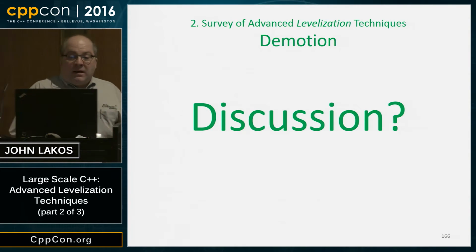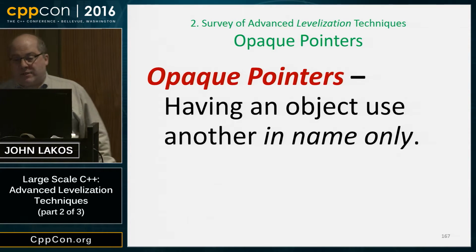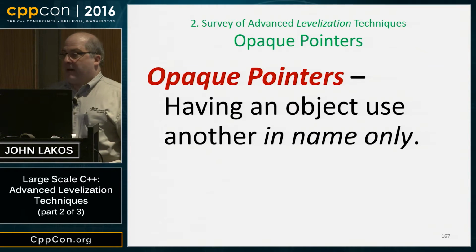Okay. All right. Remember I talked about uses in the interface in name only. Opaque pointers take advantage of that. So I was asked a question at the break about what happens when you have an account and a person, and they both need to know about each other.